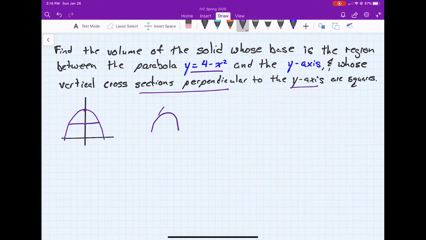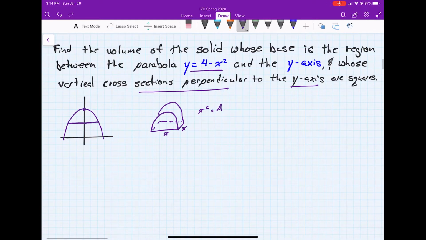If I drew this in a 3D kind of way, here is the bottom, and it asks for squares, so you can see this is going to be a square, and here's x times x. That would give us the area of this, so x squared is the area.